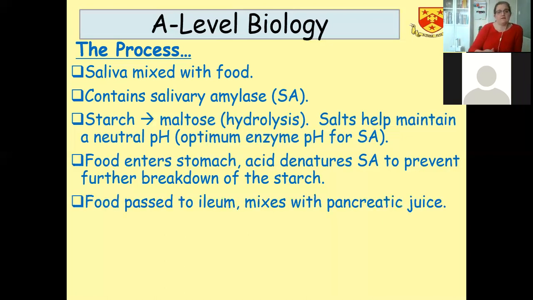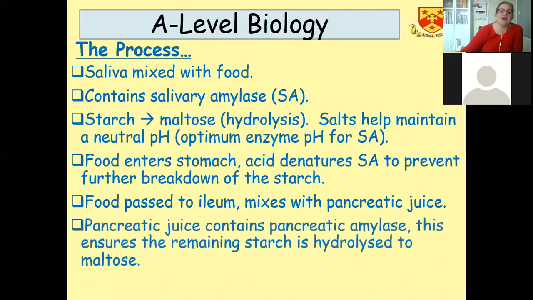Then our food passes to our ileum. In our ileum, food is mixed with the pancreatic juice. In the pancreatic juice, we have pancreatic amylase. So it's still amylase, still breaks starch down into maltose, but it's just made in the pancreas rather than the salivary glands.